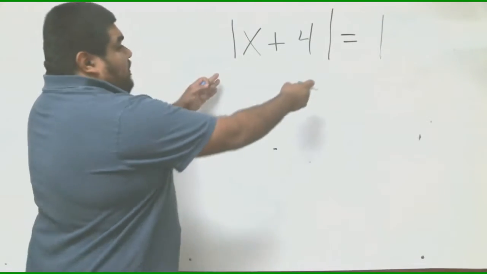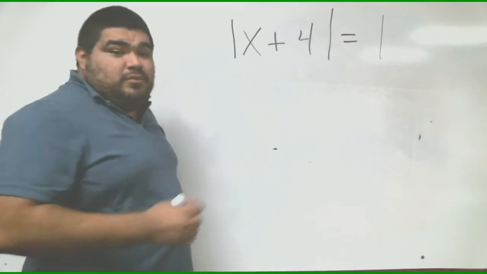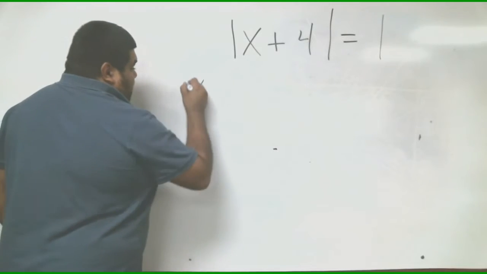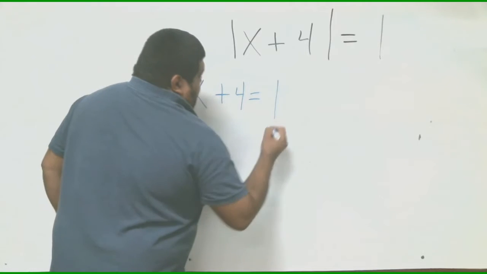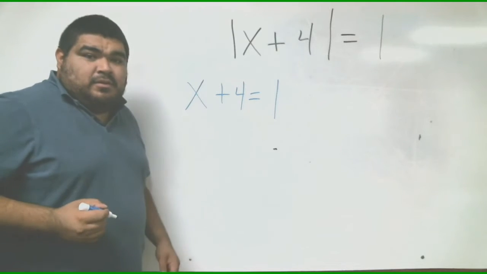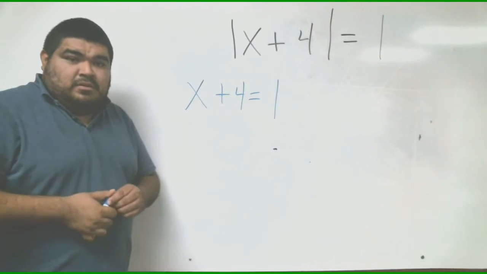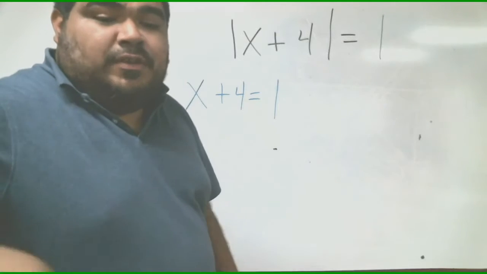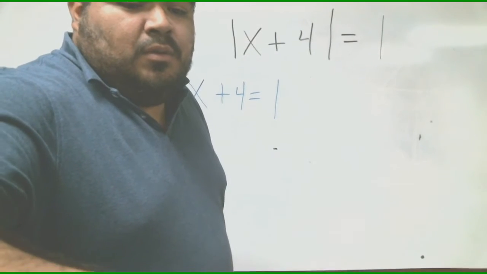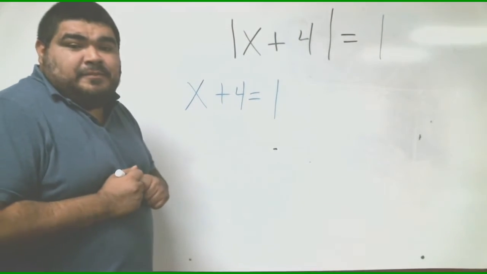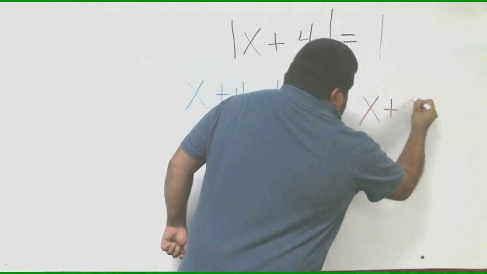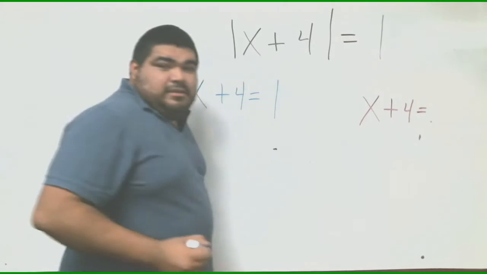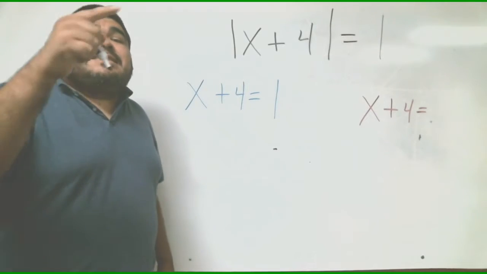In order to get rid of the absolute value, we're going to have x plus 4 equals 1. We're also going to have another equation where we say x plus 4 equals negative 1.